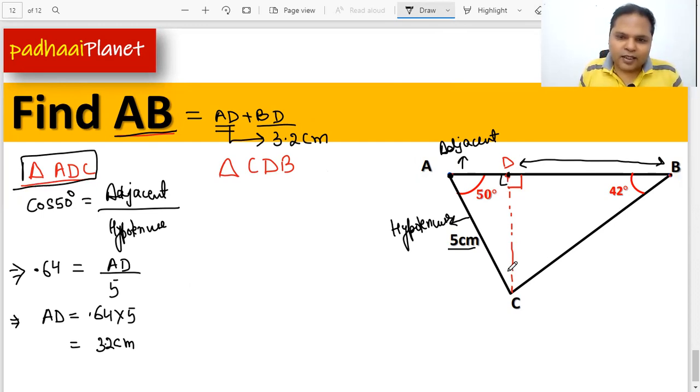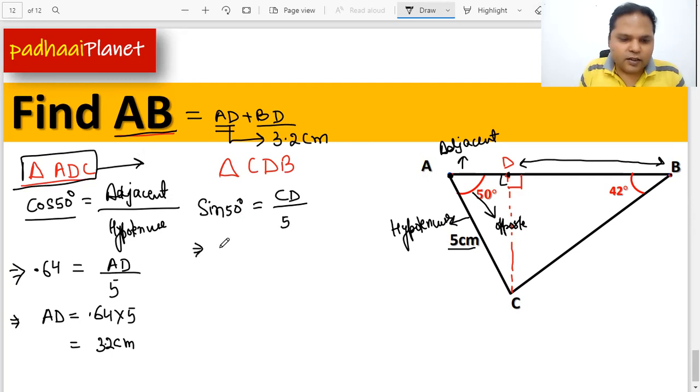Here we had applied cos. Now since we have to find CD, which is the opposite, this is the opposite side because it's opposite to our theta, which is 50 degrees. We'll use the sine ratio here. So sine 50 degrees is equal to opposite, which is CD, over hypotenuse, which is 5.